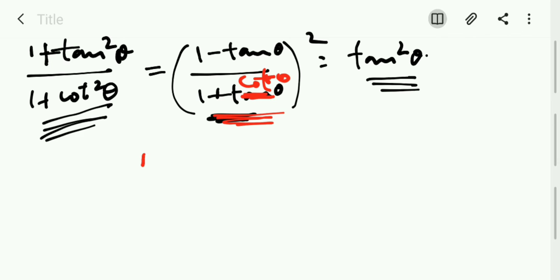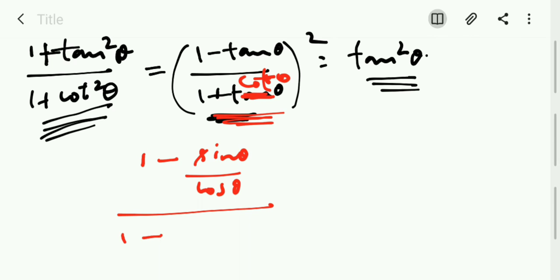Now just go ahead, now what is tan theta? It is sine by cos theta. And what is cot theta? It is cos theta by sine theta. Correct? Are you getting it?